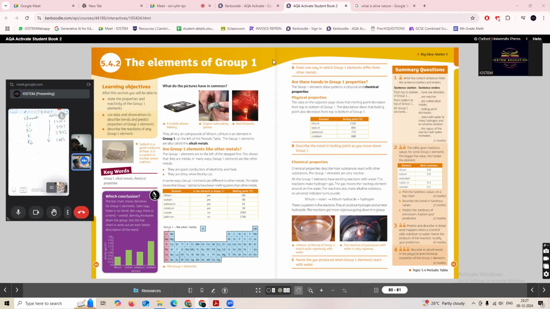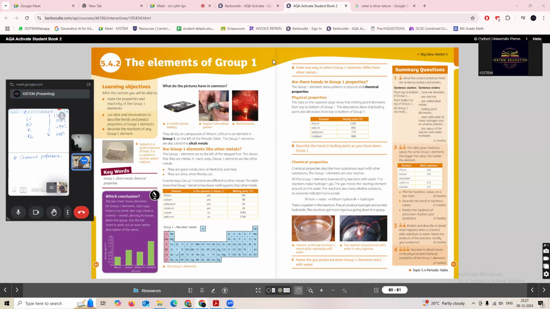Now we'll discuss the chemical properties. Chemical properties mean how fast a substance reacts with different elements and how readily they make bonds with different elements.